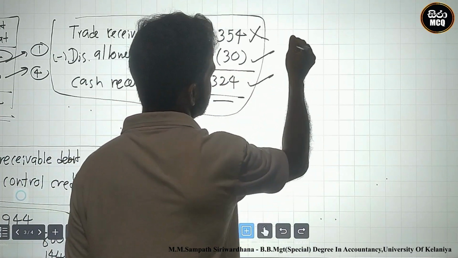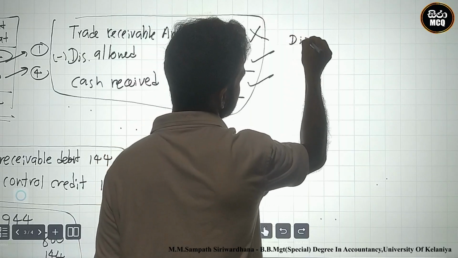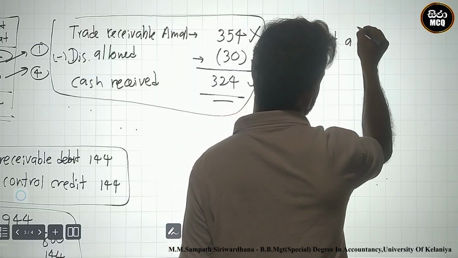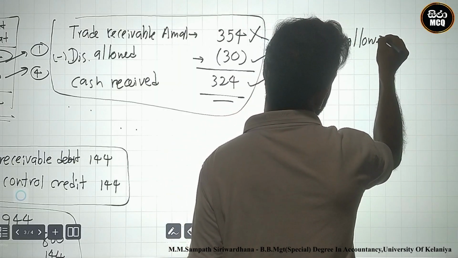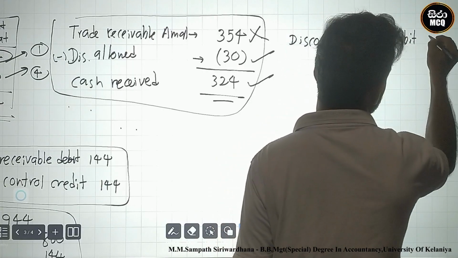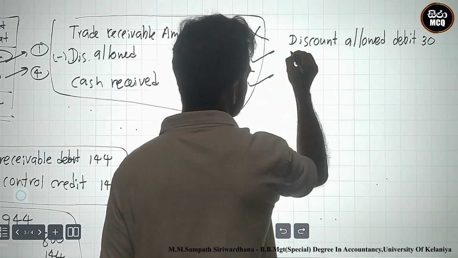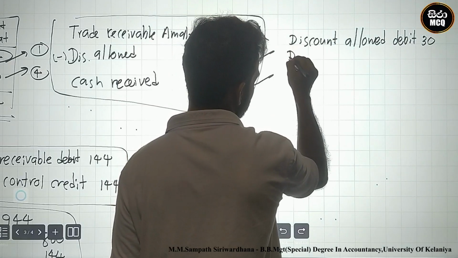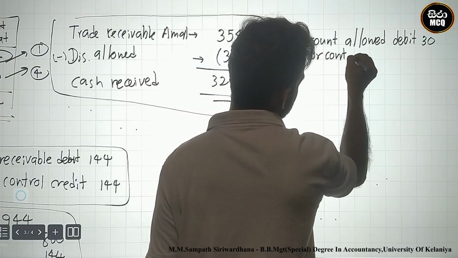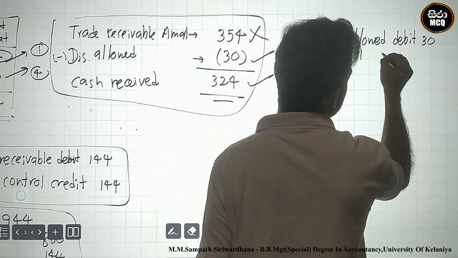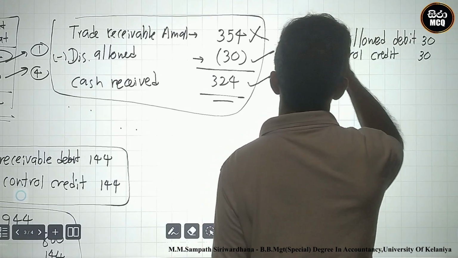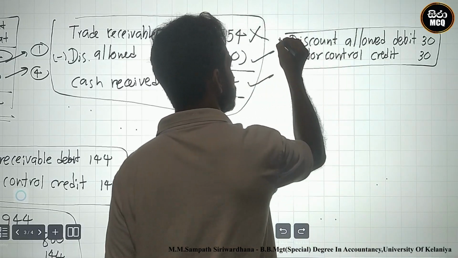Discount allowed debit 30, credit to debtor control 30. This is the double entry of discount allowed.